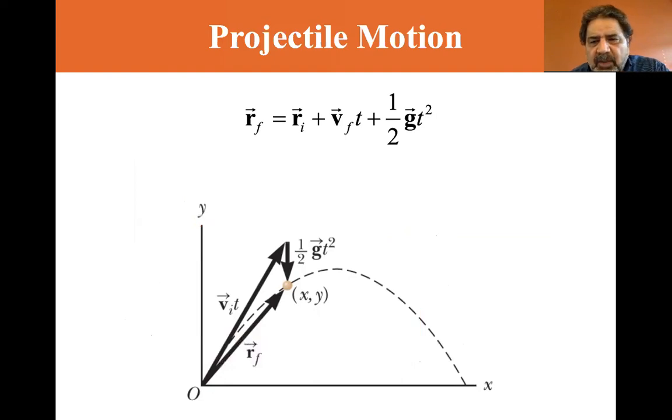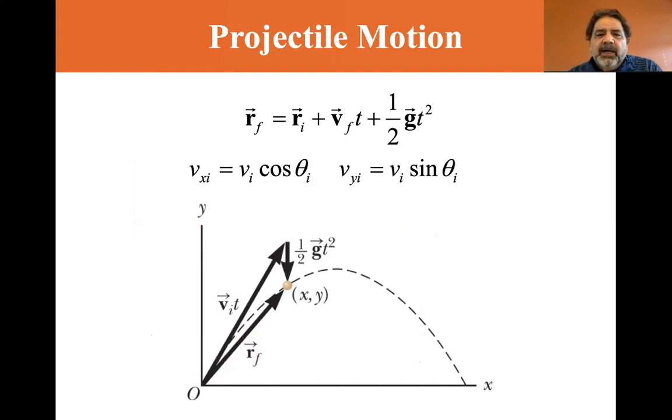here we have just finished combining the x components and the y components. Now we're going to separate them. You have an initial velocity, and the initial velocity in the x direction is v initial times cosine theta initial.